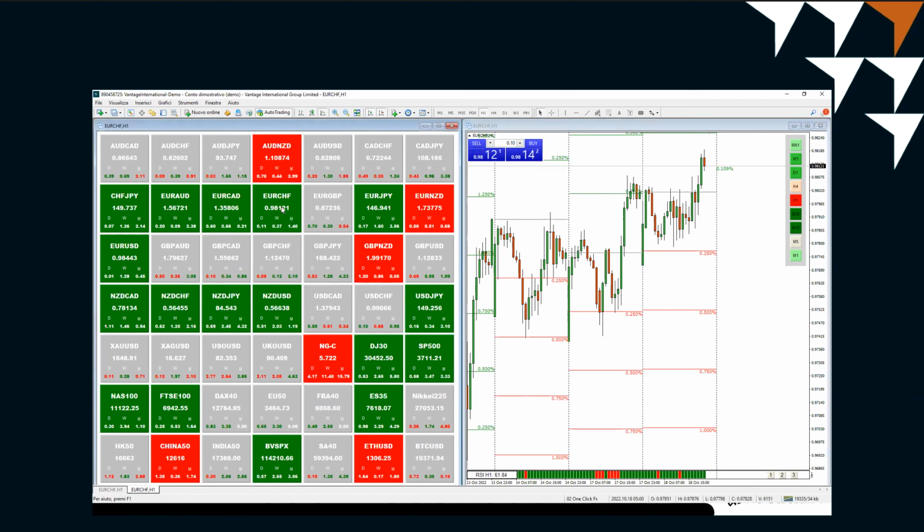We can see the trend of every single instrument and of the various asset classes, and this also gives us the opportunity to see whether or not the typical correlations are in play.